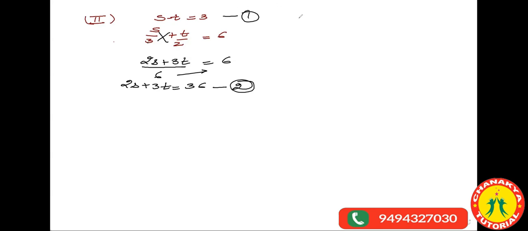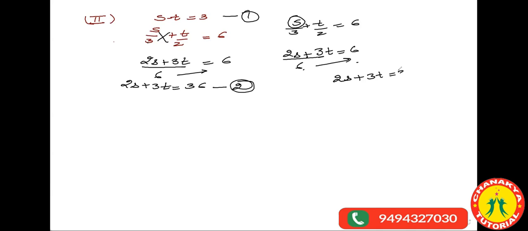See, this is s by 3 plus t by 2, right? Take the LCM, 6. Now divide 6 by 3, you will get 2. Then multiply 2 with the numerator s, 2s plus. Now divide 6 by 2, it will be 3. 3 multiply t, it will be 3t is equal to 36. Now cross multiply. 2s plus 3t is equal to 36. Okay?